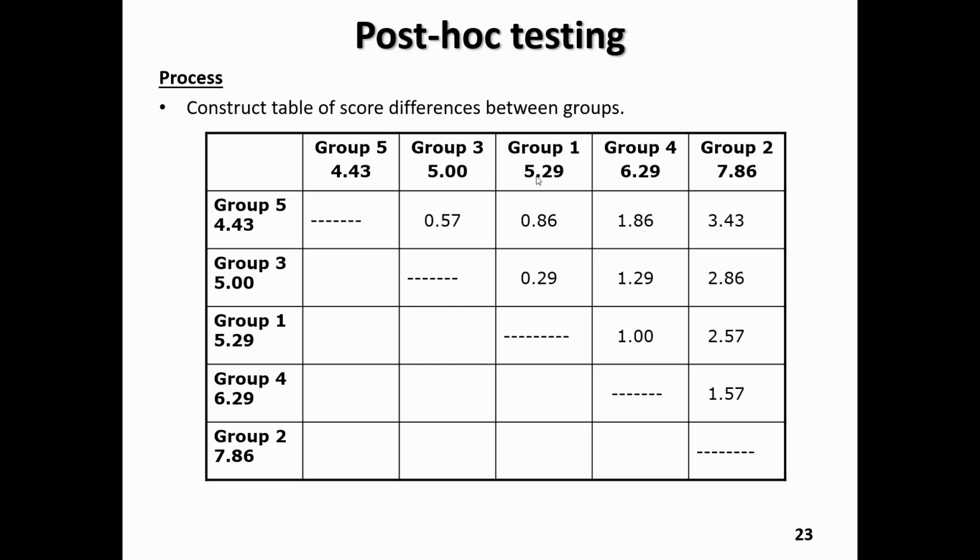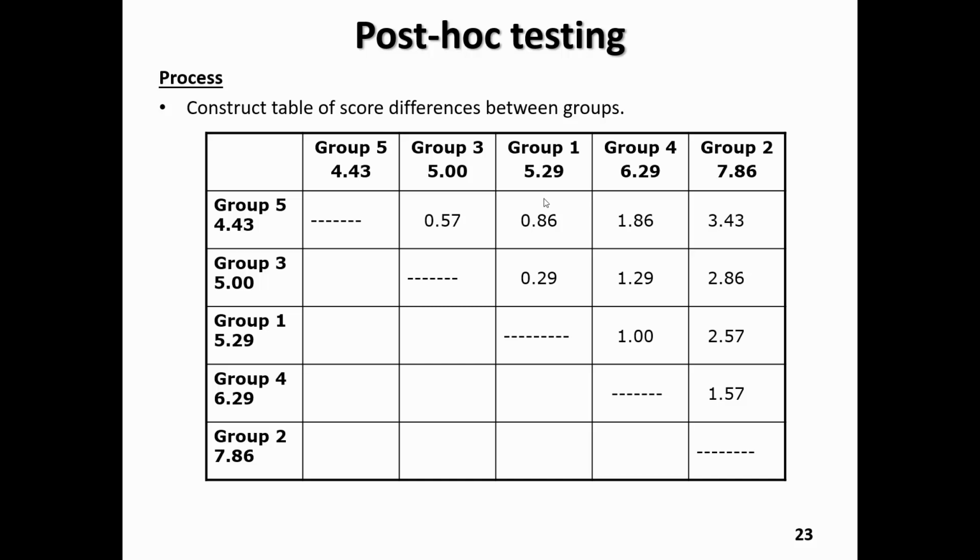So 5.29 subtract 4.43 is 0.86. Of course, 4.43 subtract 4.43 is 0, so we don't even put the 0 here. We just put the dotted lines indicating that we don't compare one group to the other. But this is a handy way to summarize pairwise differences.